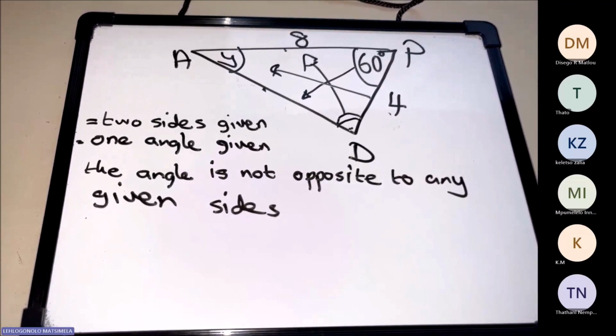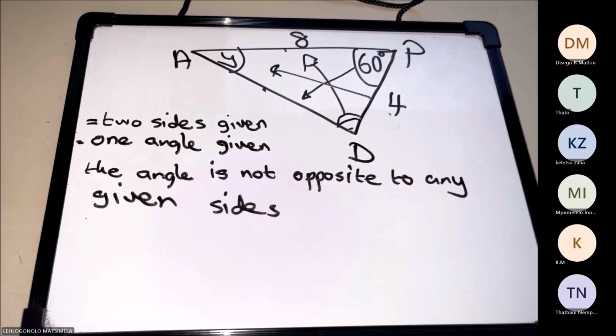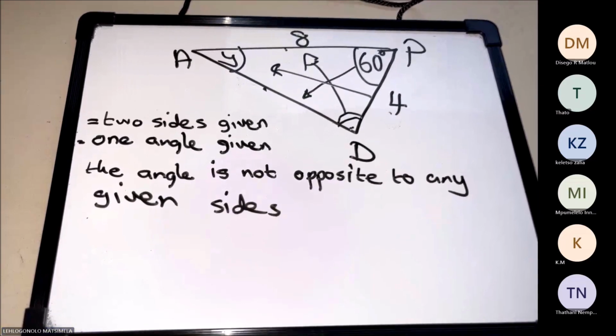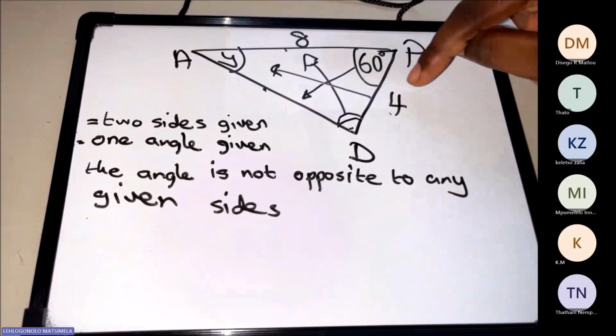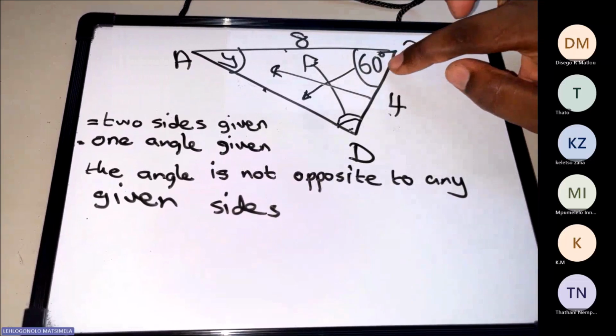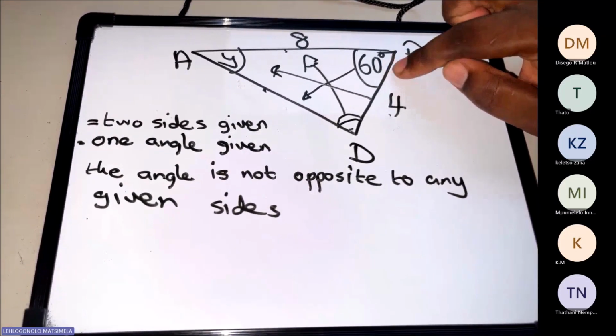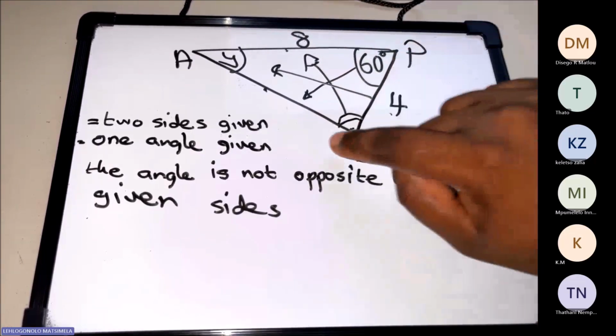But the angle that is given is not opposite to any sides. Good. This triangle is a perfect example, because we are given two sides, 4 and 8, and one angle, which is 60. The angle is not opposite to 4 and also not to 8, but it's opposite to AD.